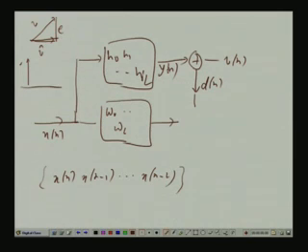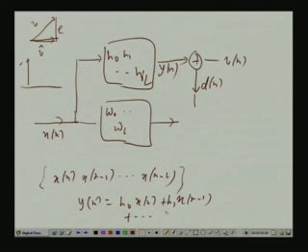Now, what is the projection of Yn? What is Yn after all? Yn is H0 Xn plus H1 Xn minus 1 and so on. So, Yn is already given as a linear combination of Xn, Xn minus 1 up to Xn minus L. So, Yn already lies in the space spanned by them, and the projection of Yn on that space is Yn itself.